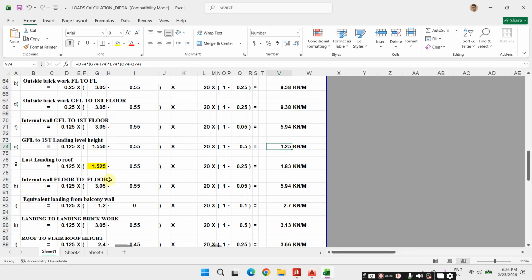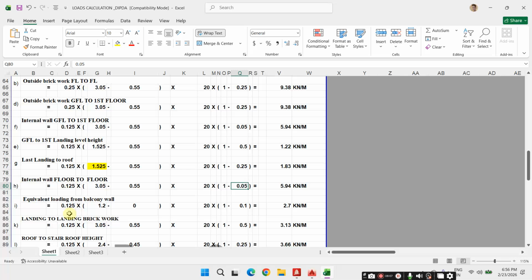Last landing to roof is also 1.525, and this is the UDL load, and internal wall for two floors is also same 5%.